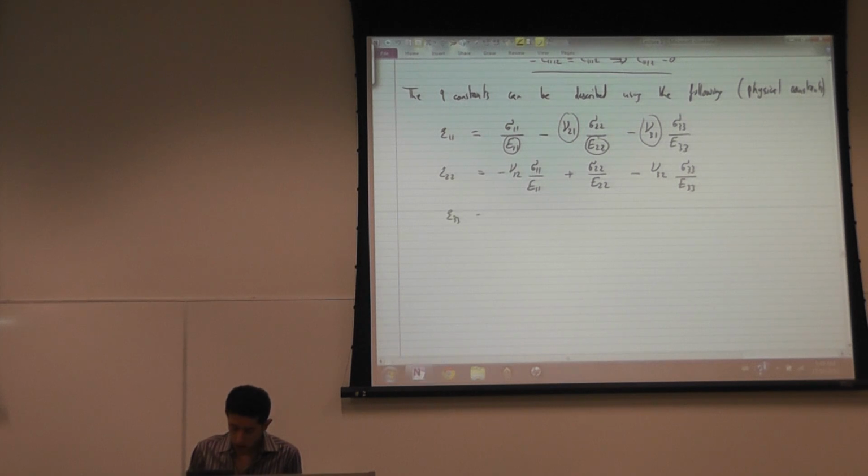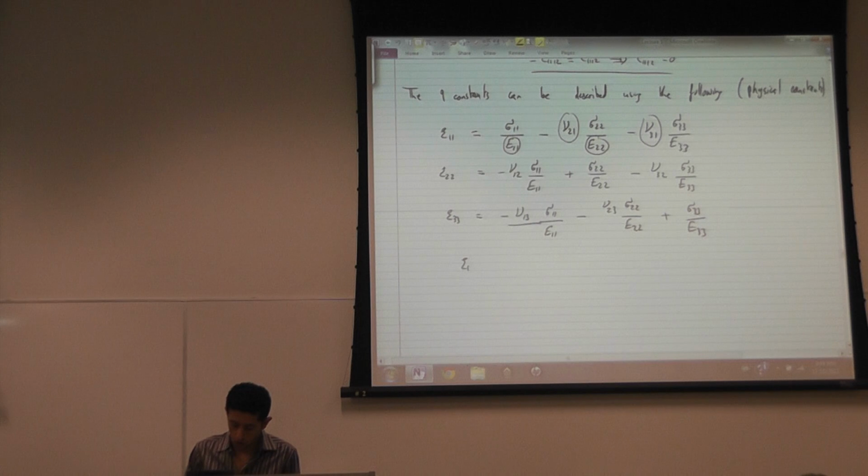Epsilon 3,3 is equal to negative Poisson's ratio 1,3 sigma 1,1 over E11, minus Poisson's ratio 2,3 sigma 2,2 over E22, plus sigma 3,3 over E33.